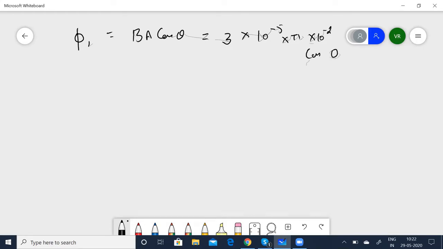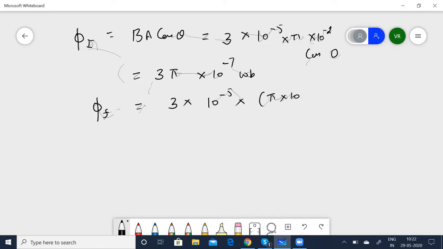You know, cos 0 is 1. So that gives you 3 pi into 10 to the power of minus 7 Webers. This is initial. Phi I is initial. Now, final flux is going to be 3 into 10 to the power of minus 5 into pi into 10 to the power of minus 2 into cos 0.